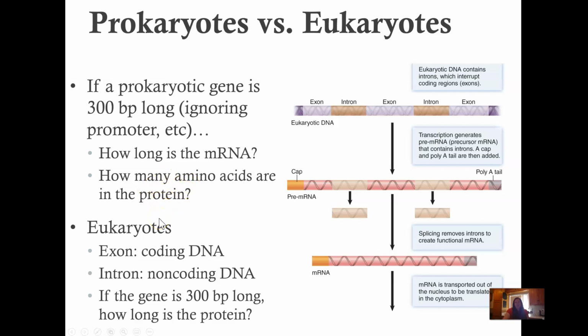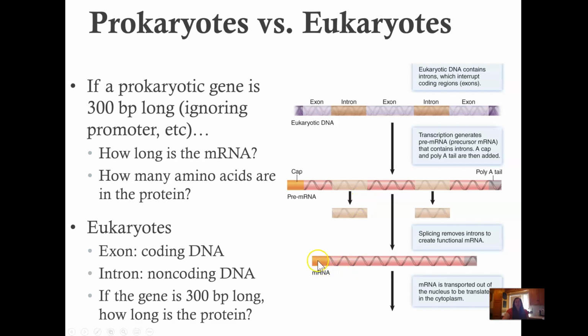But now let's contrast that to a eukaryote. In eukaryotes, we have our DNA, and we can see that there are exons and introns encoded in that DNA. So when this DNA is transcribed into a messenger RNA, we modify it by putting a cap on the 5' end, and on the 3' end we put a poly A tail. And then we have to take out these introns. The introns get literally cut out by very special enzymes that can cut and stitch it back together.